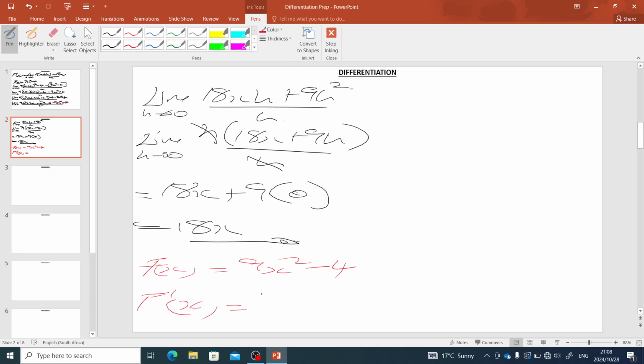When we differentiate, it will be 9 multiplied by 2x to the power of 2 minus 1. Then we know that the differentiation of a constant number is 0. We are having 9 multiplied by 2, it is 18x. 2 minus 1 is 1. Then we are having 18x there. This is how you will prove if your answer is correct or not.